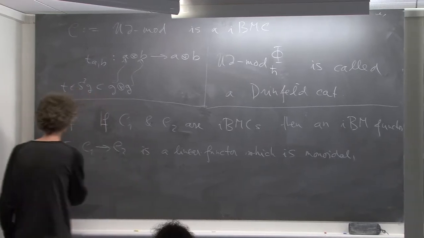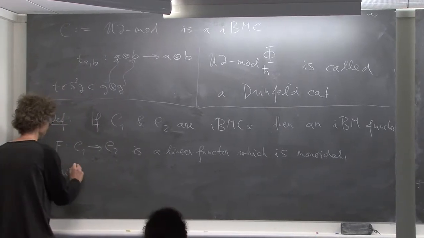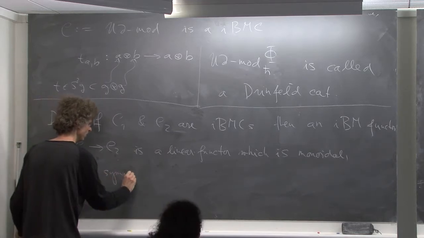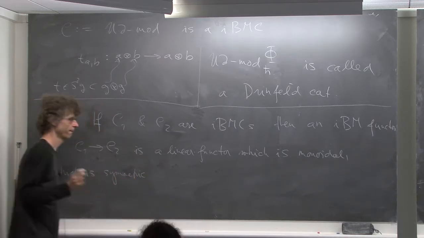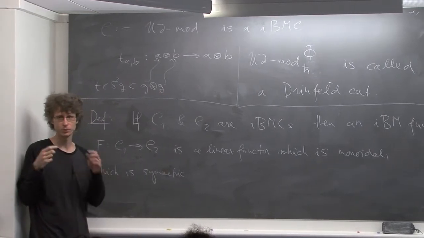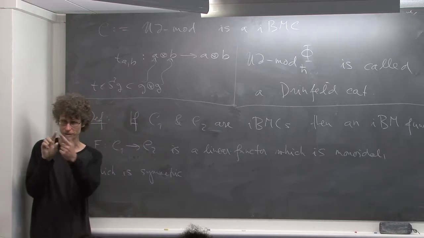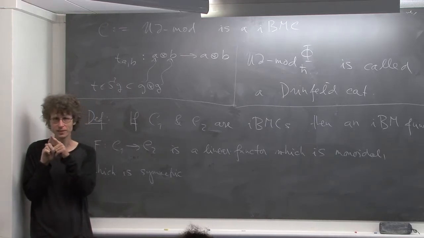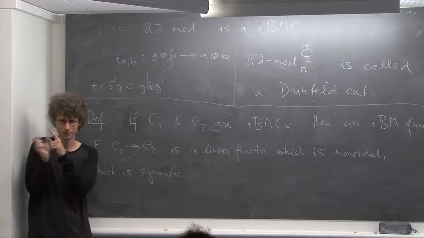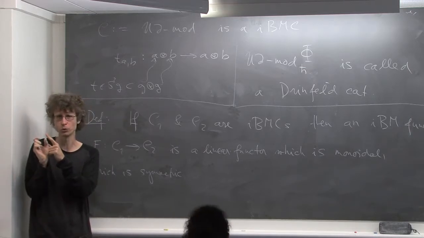So that's one thing. And there is one more thing to preserve. We preserve the symmetry, or this undeformed braiding, but we also want to preserve this little deformation. So it should also commute with T.